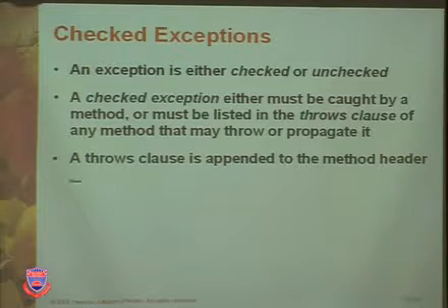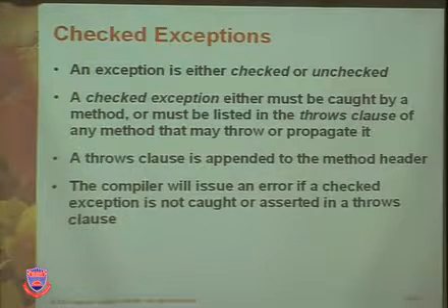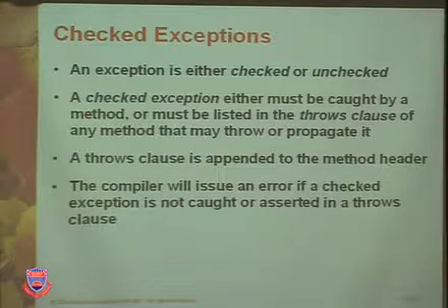So as I said earlier, an exception is either checked or unchecked. What we mean by checked and unchecked is that for certain exceptions, you definitely need to check the exception. So for example, in this class, let me write it in a bigger way so that you see.